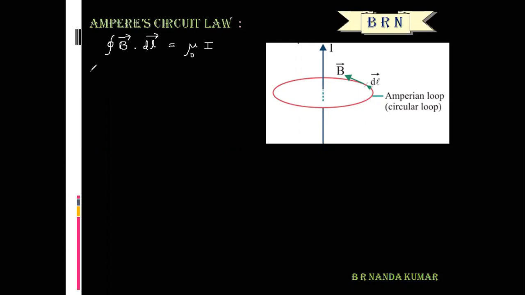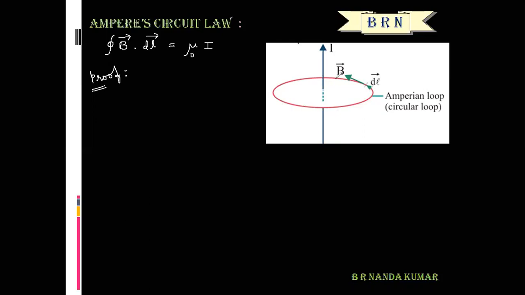Now let us prove Ampere's circuit law. First, let us consider a long straight current carrying wire. This is the magnetic field line around the straight current carrying wire.